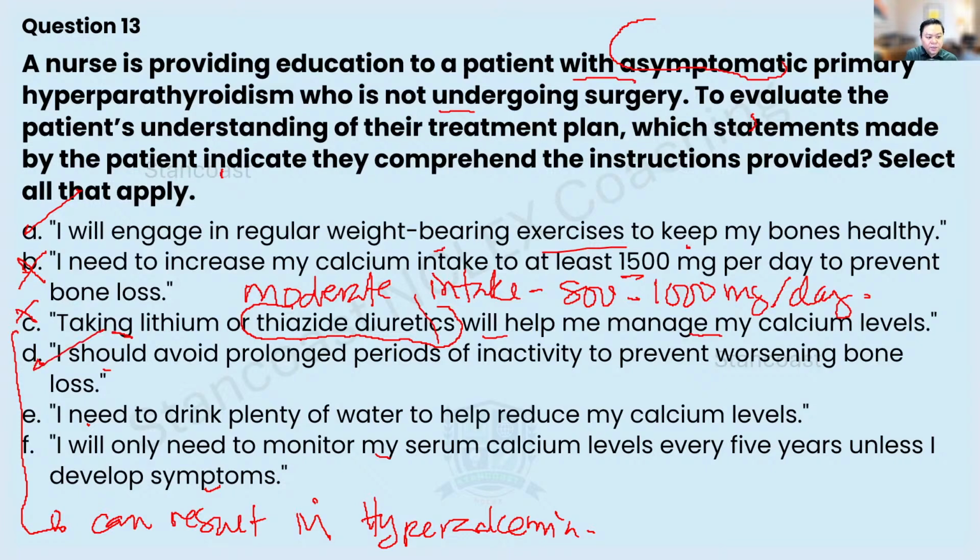If you selected letter E, I need to drink plenty of water to help reduce my calcium levels. The E, that is increasing fluid intake. Remember that this will dilute the bloodstream. Yes, this is also going to prevent the complications of developing kidney stones.